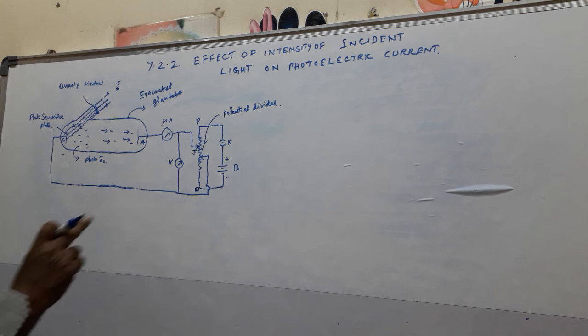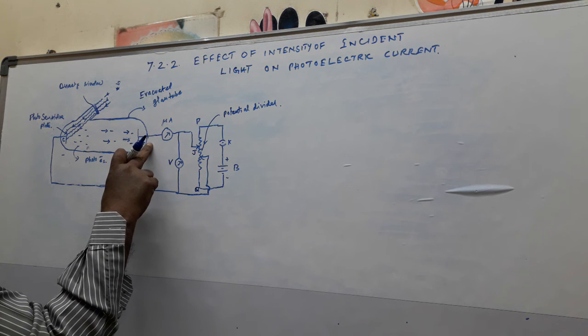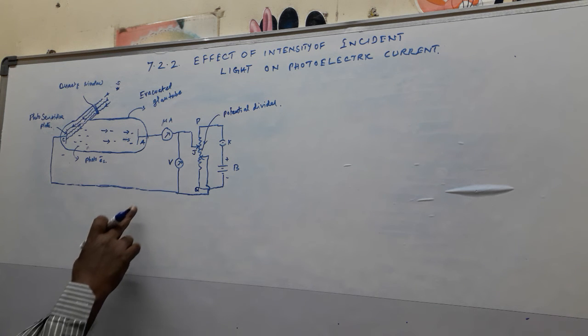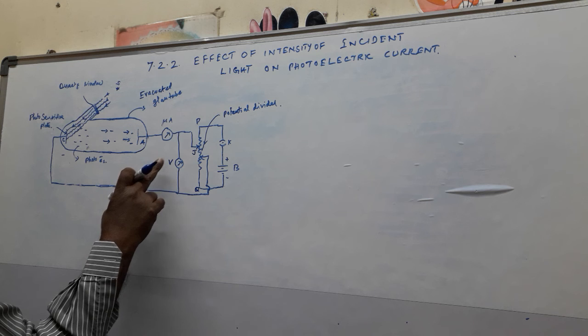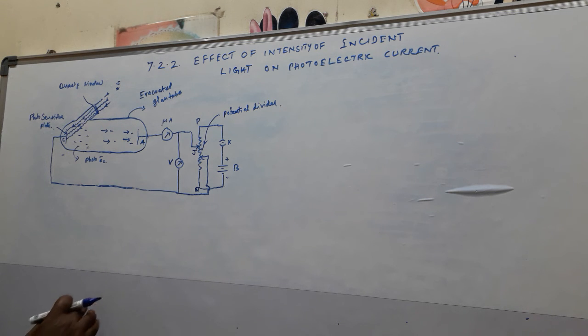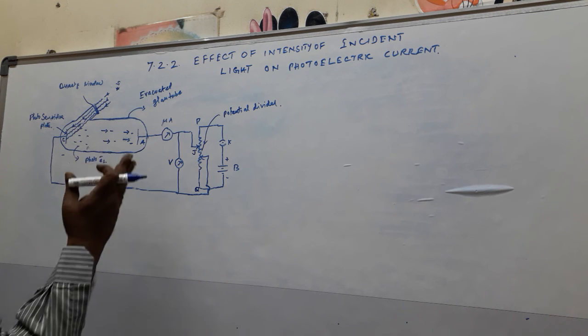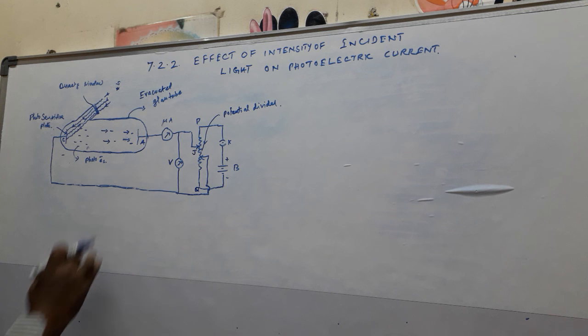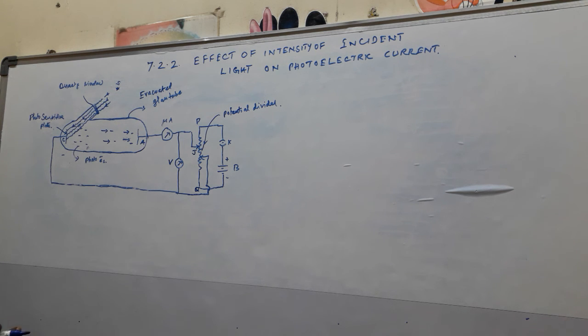If you want to make the anode positive, then it is possible. Or if you want the anode to become negative, then you can move this sliding J, so that you can apply a negative voltage to the anode.